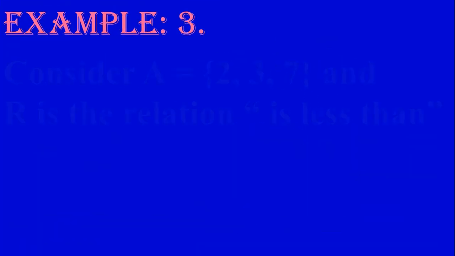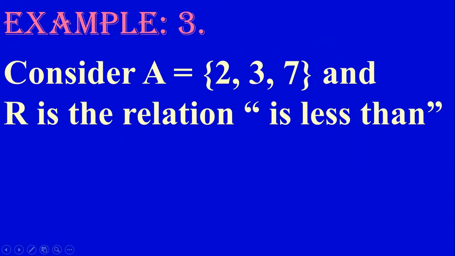So consider one more example. Consider one set A equal to {2, 3, 7} and R is the relation less than. So here 2 less than 2 not possible, 2 less than 3 possible, 2 less than 7 possible, 3 less than 7 possible, 7 less than 7 not possible.